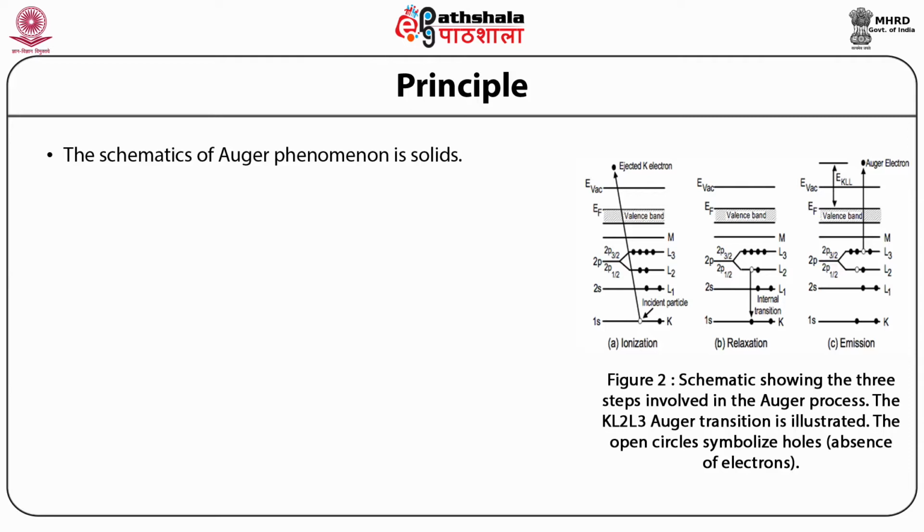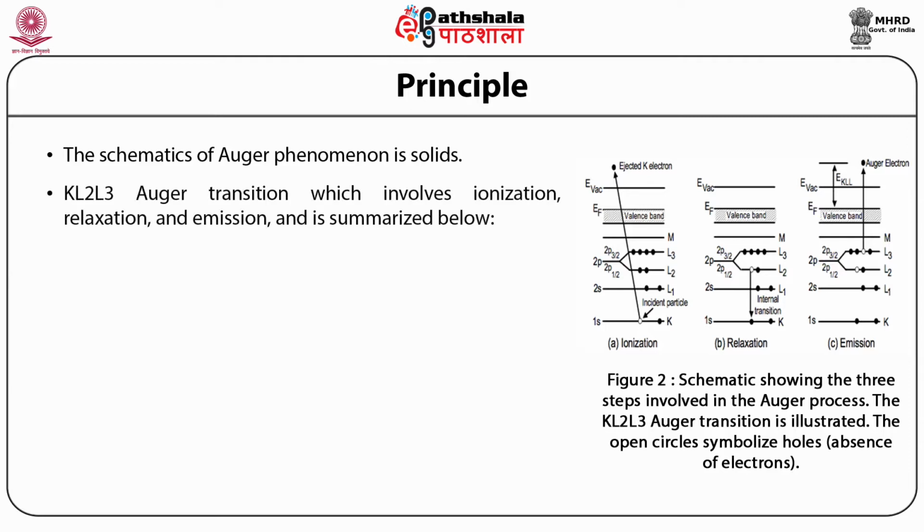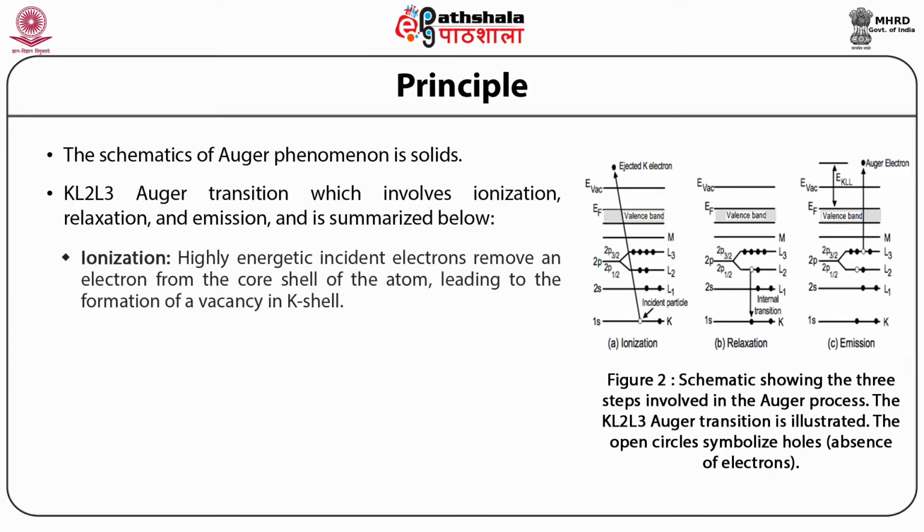The figure shows K L2 L3 Auger transitions, which involve ionization, relaxation, and emission, and is summarized below. A. Ionization: high energetic incident beam electrons remove an electron from the core shell of an atom, leading to the formation of a vacancy in the K shell.